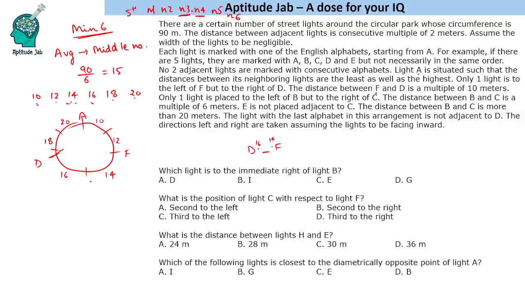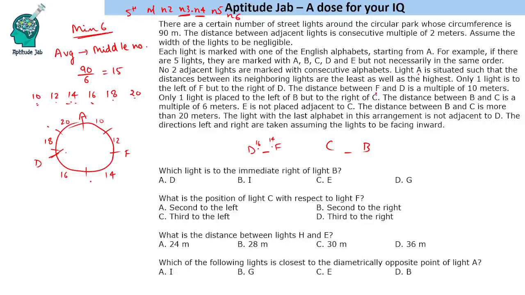Now we are left with three more lights, and only one light is placed to the left of B but to the right of C. So again C and B. It says that the distance between B and C is a multiple of 6.